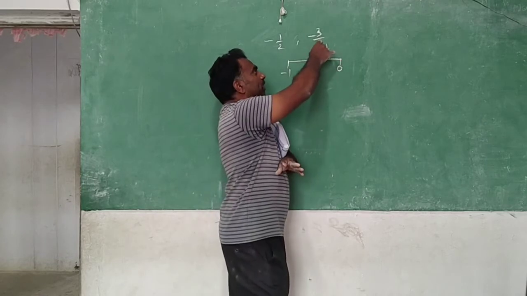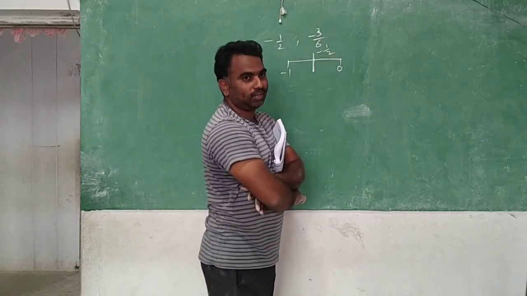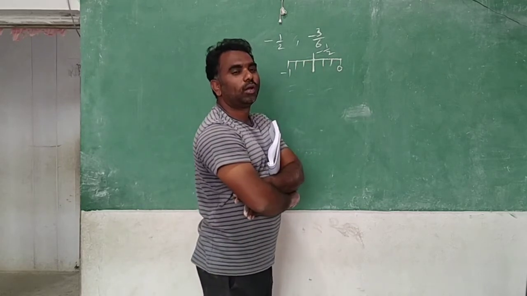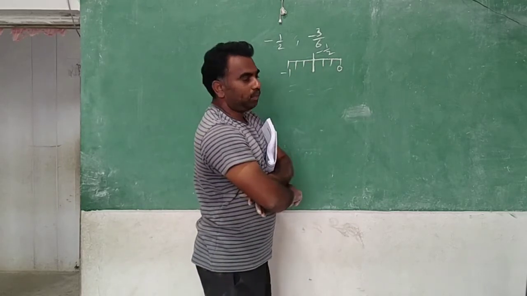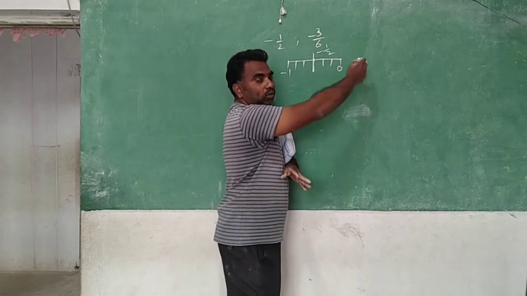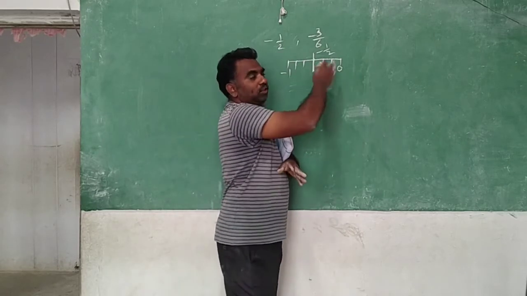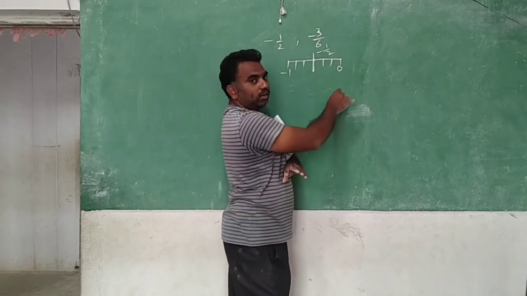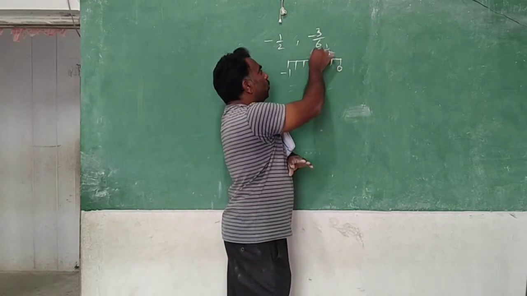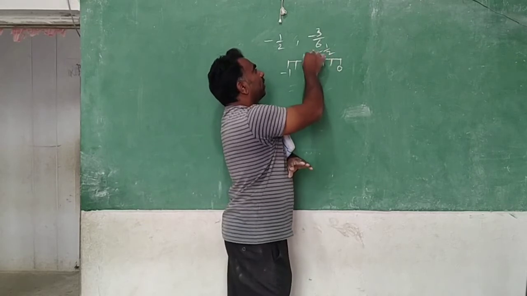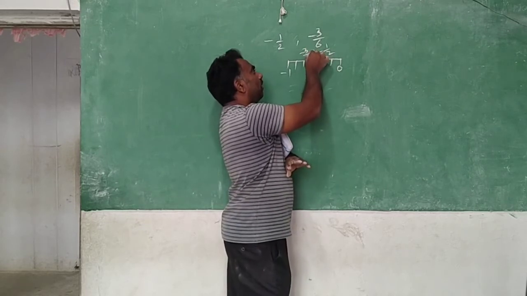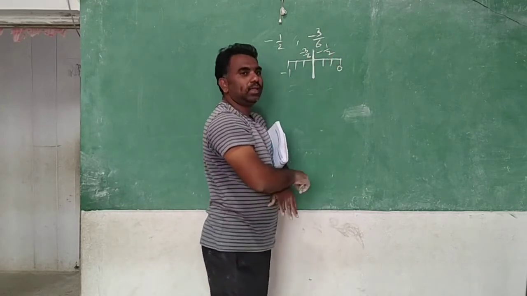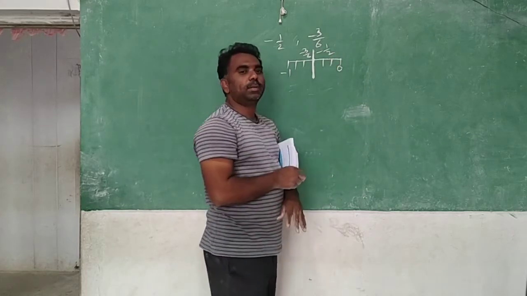But how many parts do I need to make here? 6 parts. Now count. But this is negative number counting, so the negative direction goes this way, and positive number counting goes in that direction. You want to count 3 parts: 1, 2, 3. So minus 1 by 2 is coming there only. Minus 3 by 6 is also coming there only.